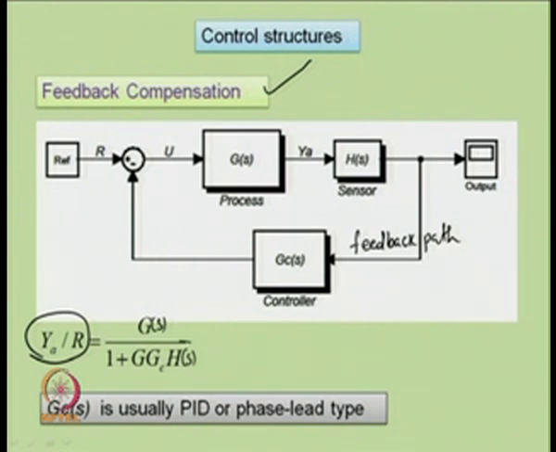Earlier, for the series compensation scheme, we had G G c in the numerator, whereas for this scheme we have G s alone. So, when the controller gain is very high, G c s is assumed to be very large. In that case, y a upon r becomes 1 upon G c H s, and that becomes a small number.